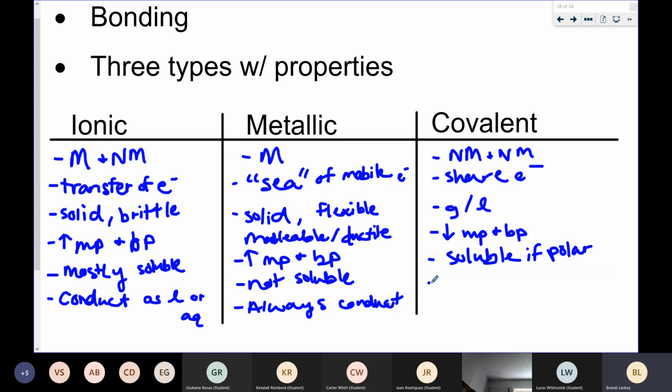And these are never going to conduct electricity. Like I said, pure water doesn't conduct electricity, but as soon as there's any ions or minerals in there, it will. But it's not the water that's conducting, it's the ions in the water that are conducting.